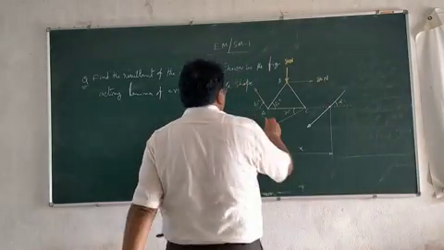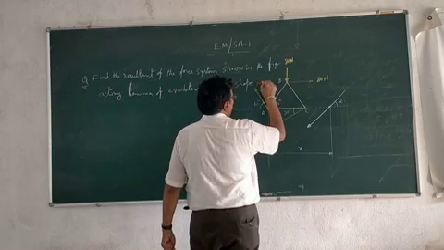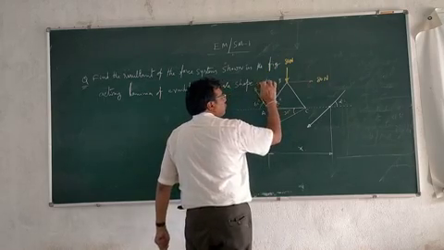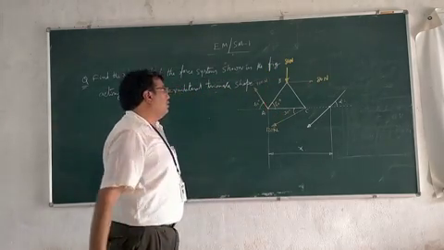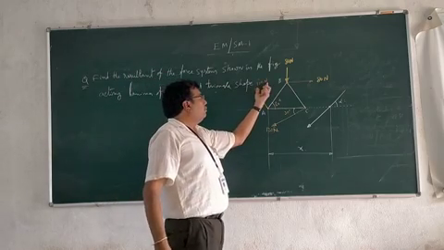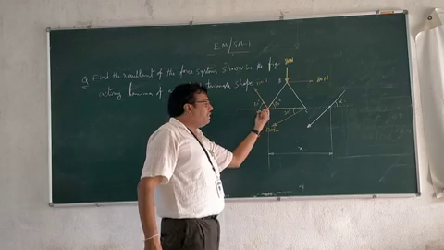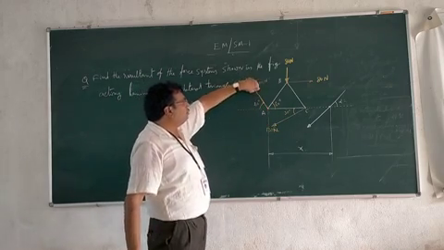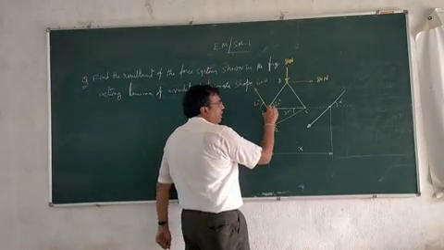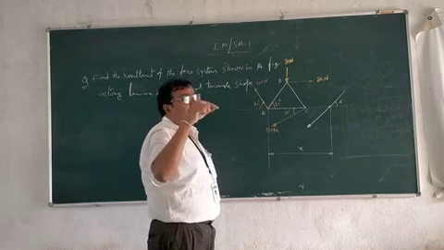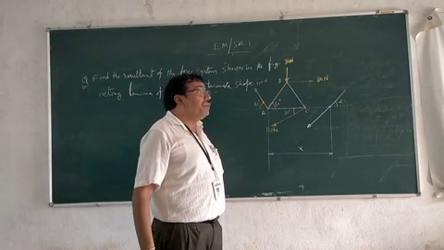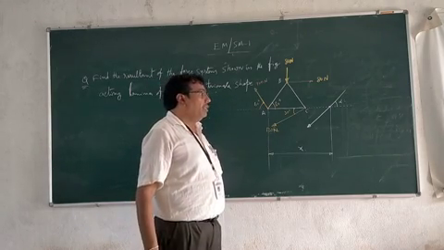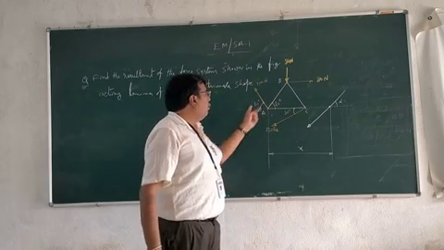I am considering this force first. It has 100 newtons magnitude, direction 60 degrees to the horizontal, third it is a pull, and the point of application is at one end, that is A.